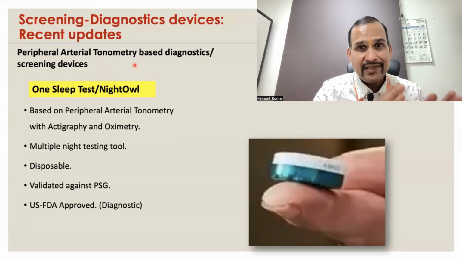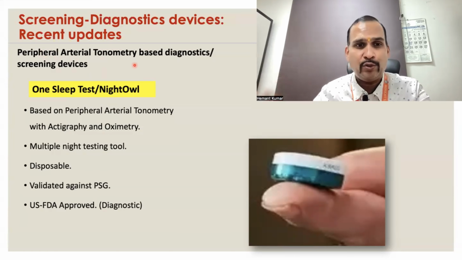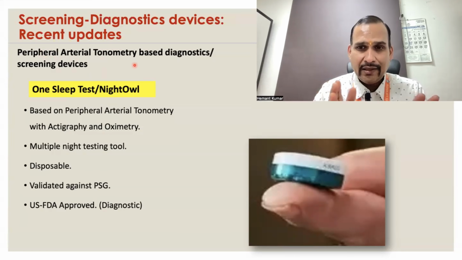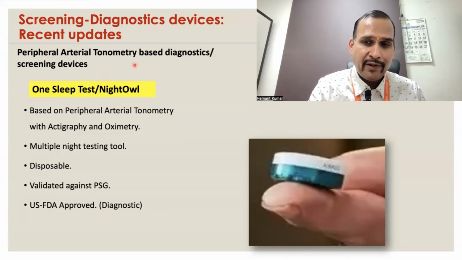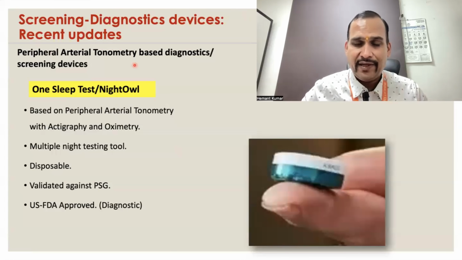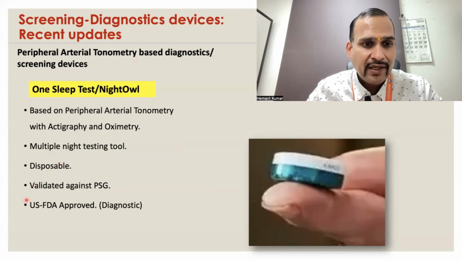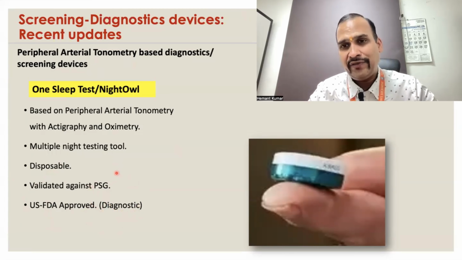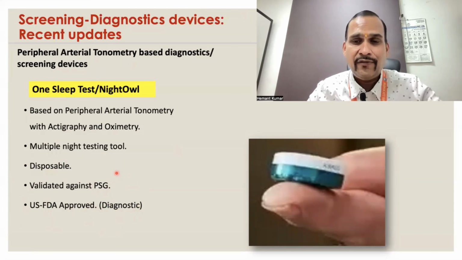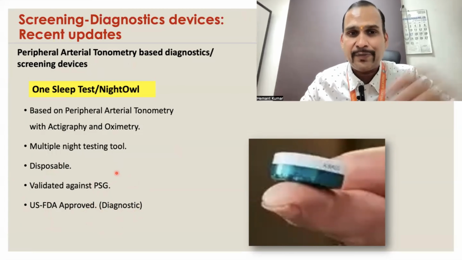But multiple studies have been done which compare with polysomnography, and there were good data by which they compared PSG with this device. Based on this study, US FDA approved this for diagnosis purpose. But as of now, we can use it for screening purpose only, because we cannot diagnose 100%.